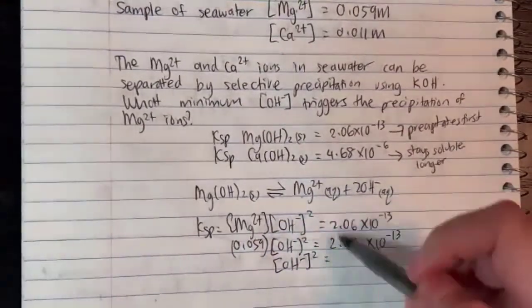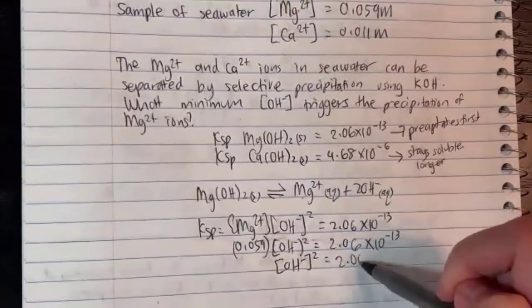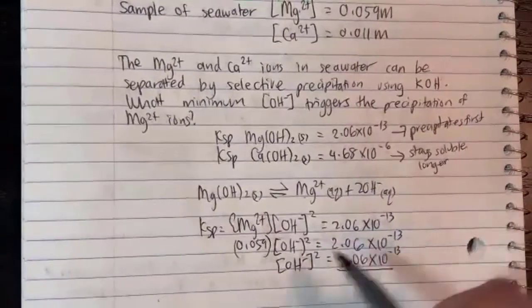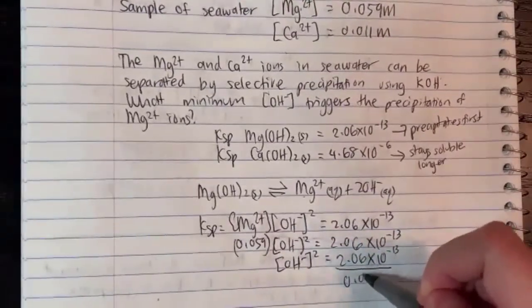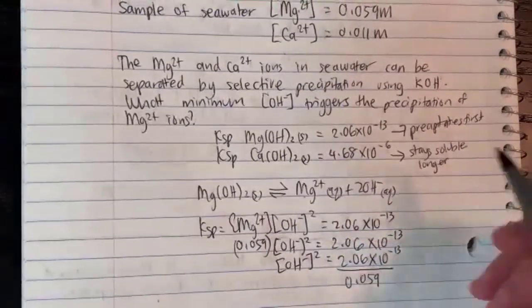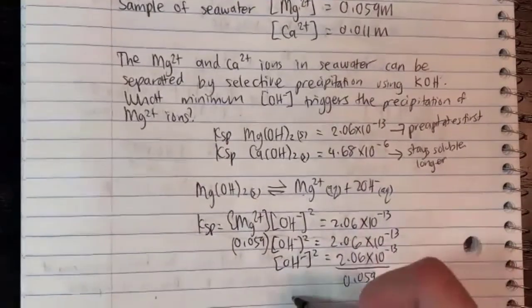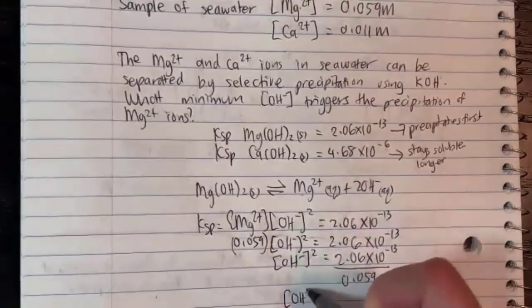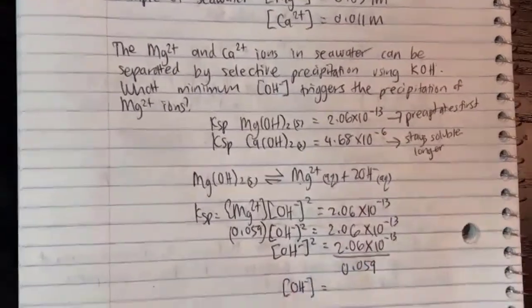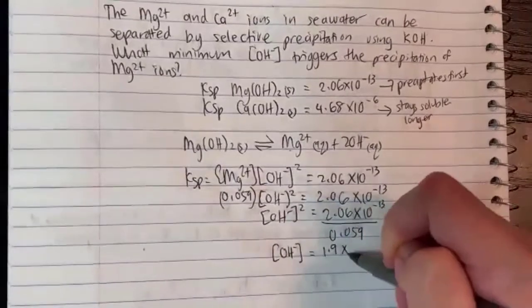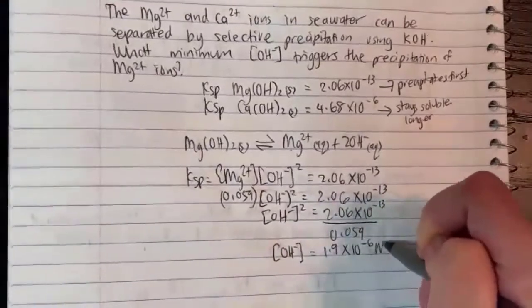So OH squared is 2.06 times 10 to the minus 13 divided by 0.059. Then whatever this answer is, we square root it to get hydroxide, and it will be 1.9 times 10 to the minus 6 molarity.